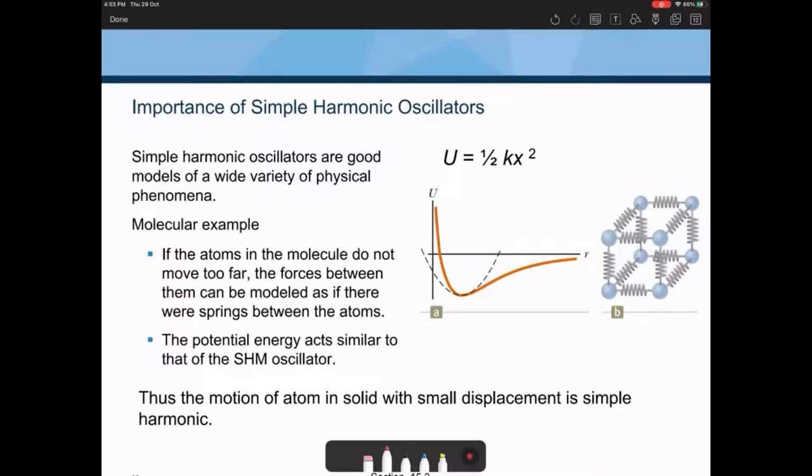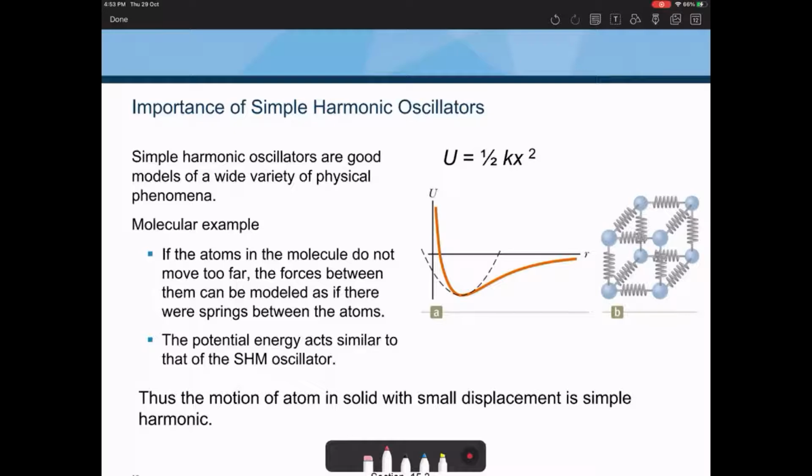Well, here an example is given for materials. In the materials, you have a lot of atoms, and the atoms are held together by some kind of chemical bondings, by some kind of chemical forces, if you like.